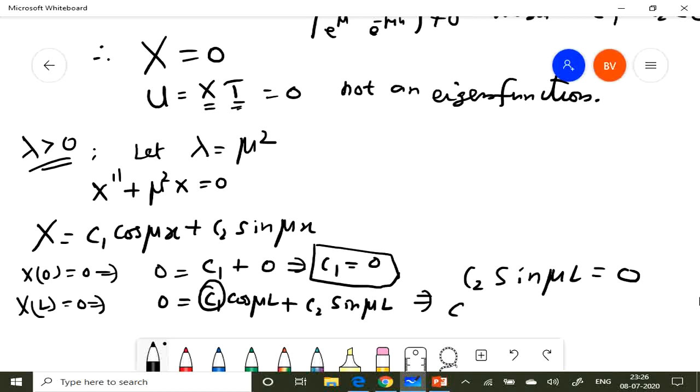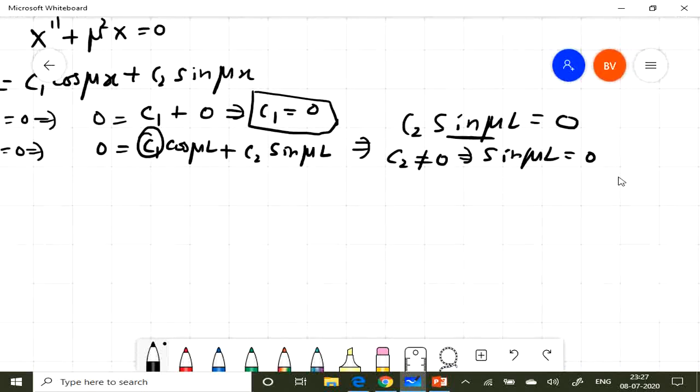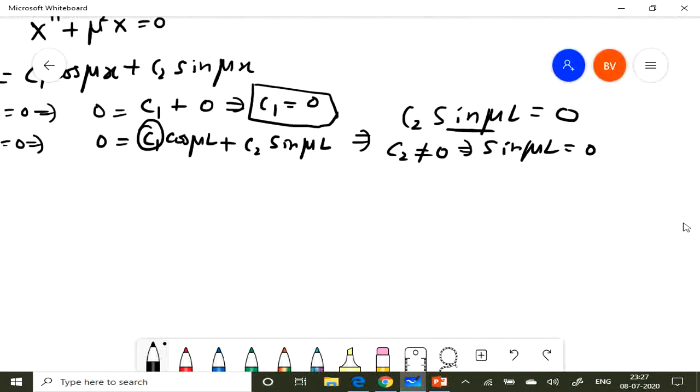If you want c2 non-zero, to get a non-trivial solution, sine mu L should be 0. We know that sine n pi is 0, so mu L is equal to n times pi. Mu is equal to n pi over L.